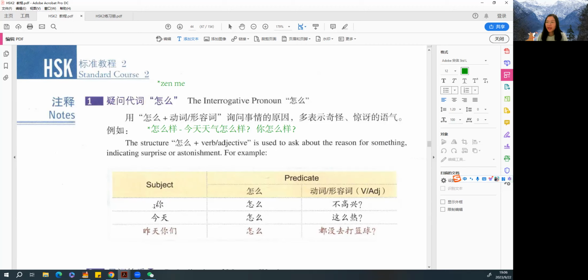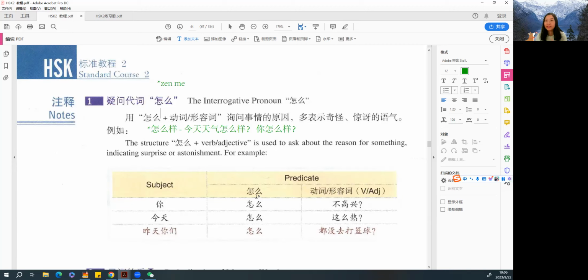The first is 你怎么不高兴. Here, if we use this structure, it's more expressing a why question. So why? 为什么 question.